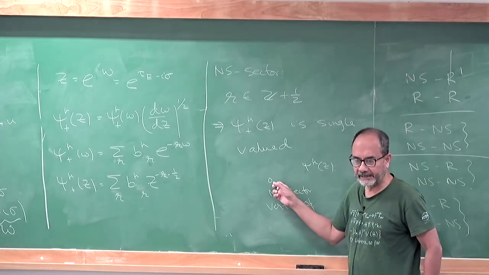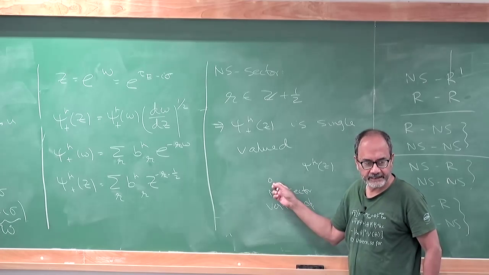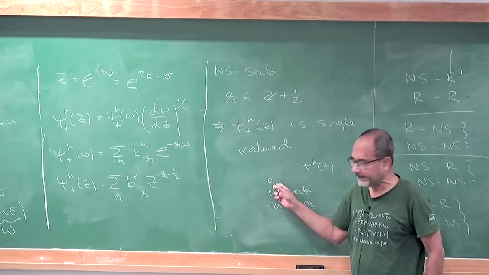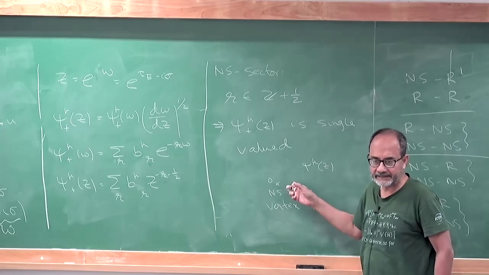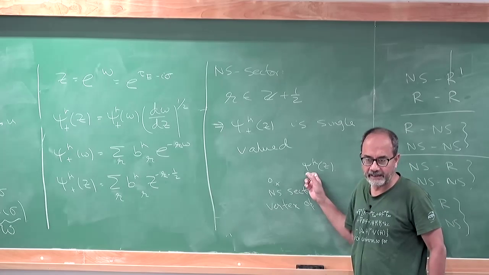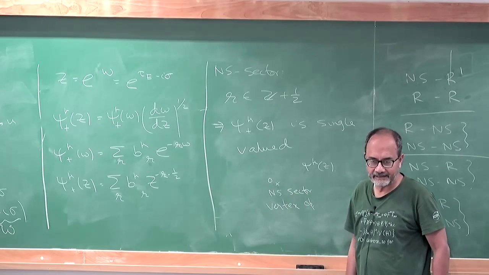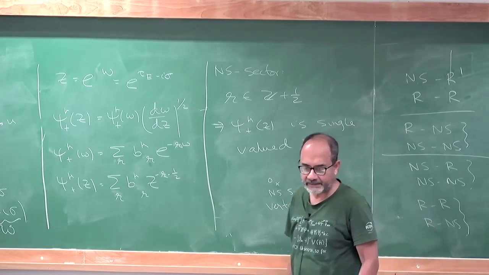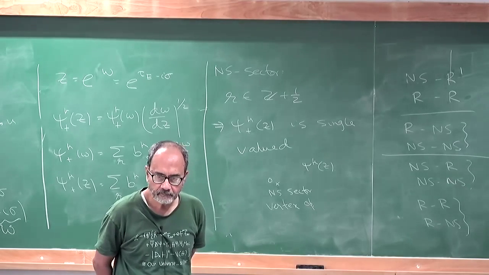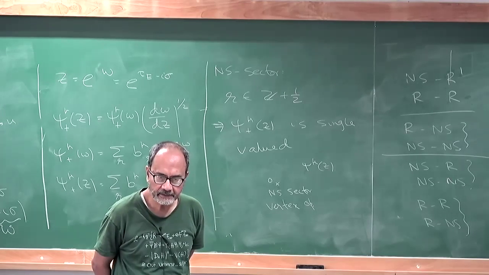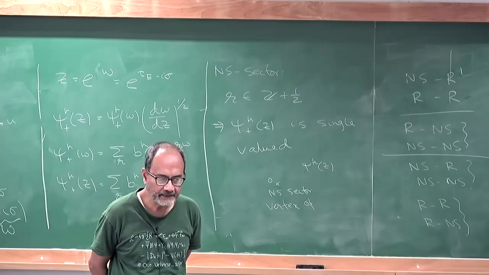Then here you have nothing, and if you have nothing here, then psi mu better be periodic. There is no reason for psi mu to have any branch cut. Why should psi mu be non-single valued?